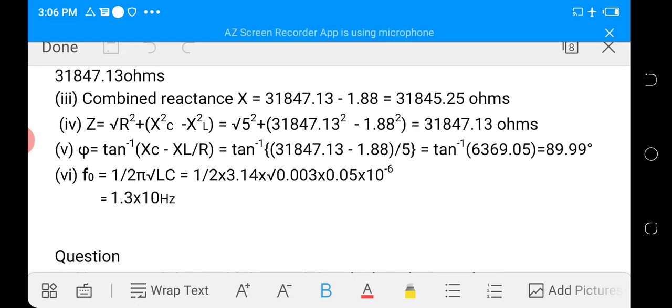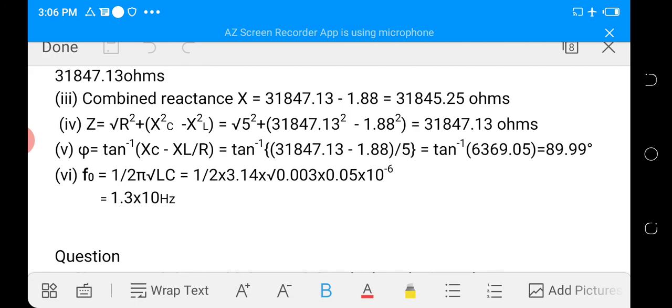Then our resonant frequency f0 is given by 1 over 2 pi root LC. Substituting for all these values and solving, we have our resonant frequency f0 to be approximately 1.3 times 10 raised to power 7 Hertz.